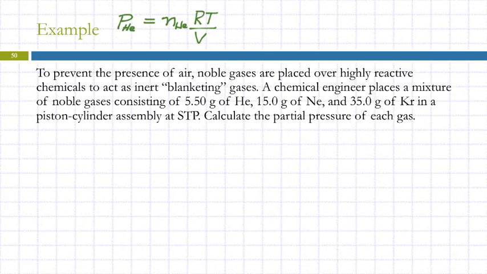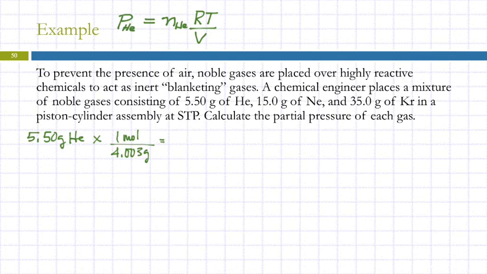Let's try that. So 5.50 grams of helium. We need the molar mass. We look at the periodic table. 1 mole of helium weighs 4.003 grams.